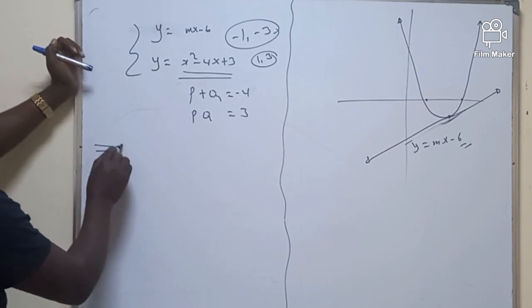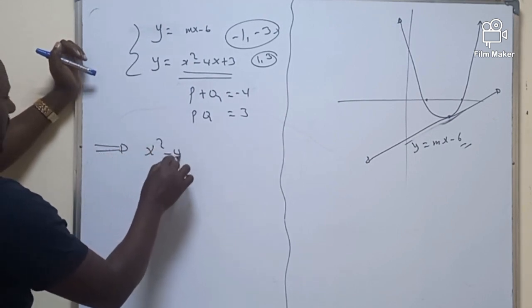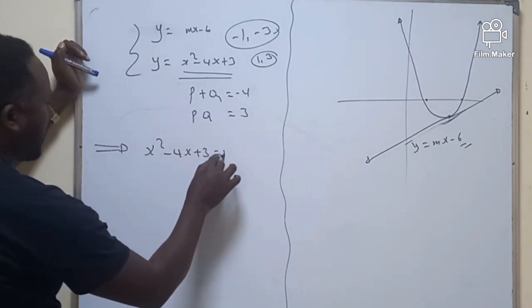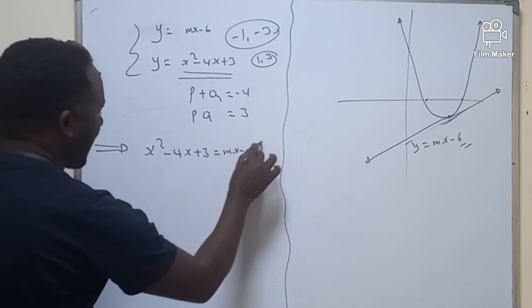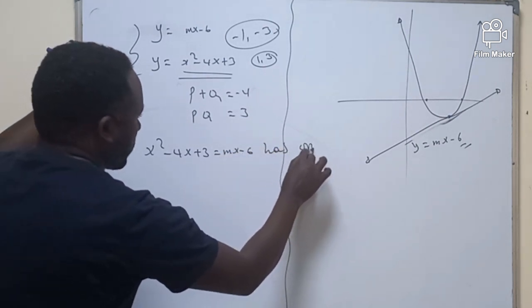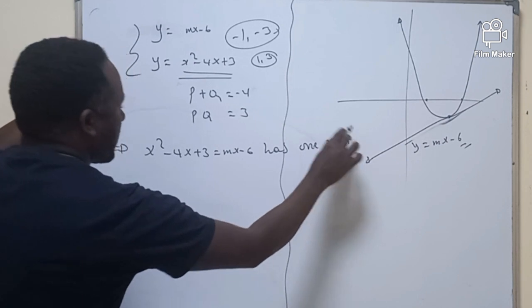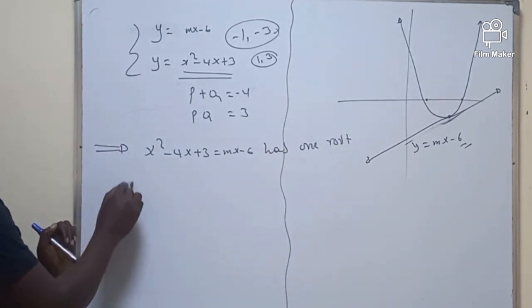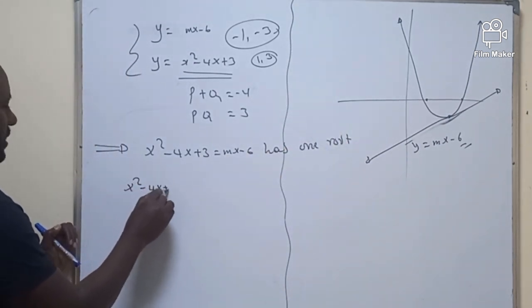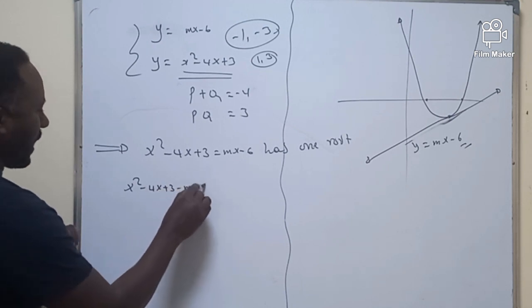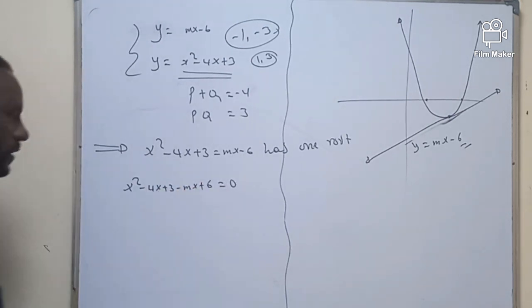So this means that x squared minus 4x plus 3, equal to mx minus 6, has one root. Then x squared minus 4x plus 3 minus mx plus 6 is equal to 0.